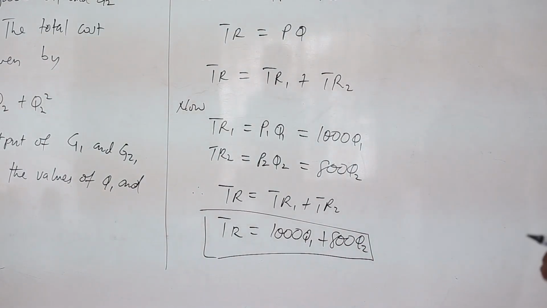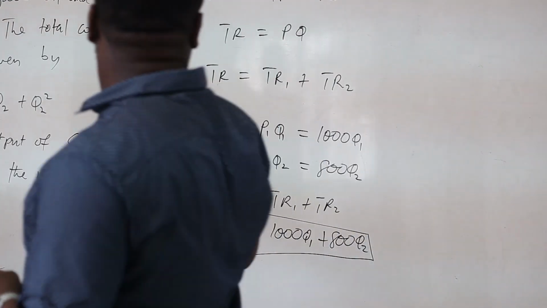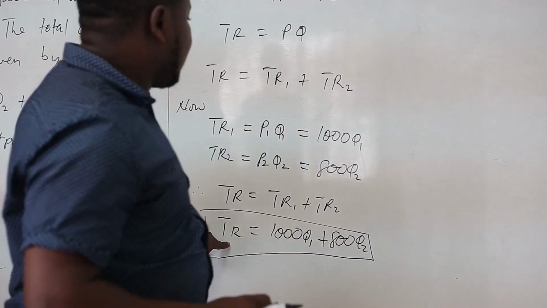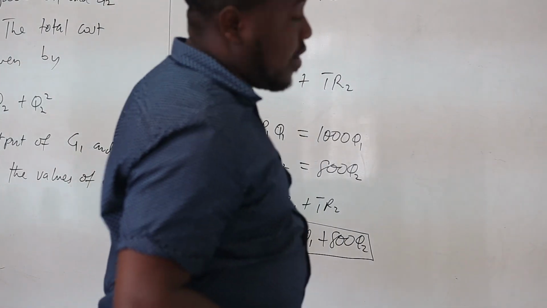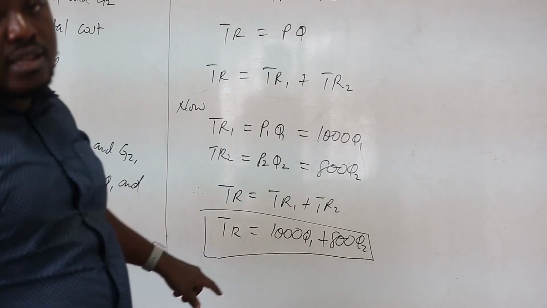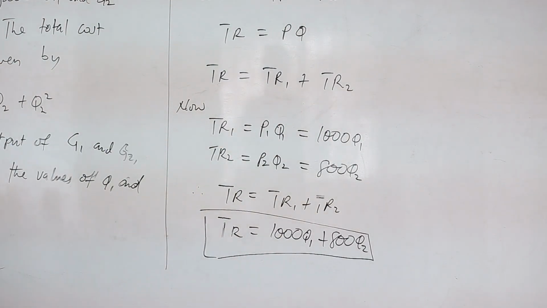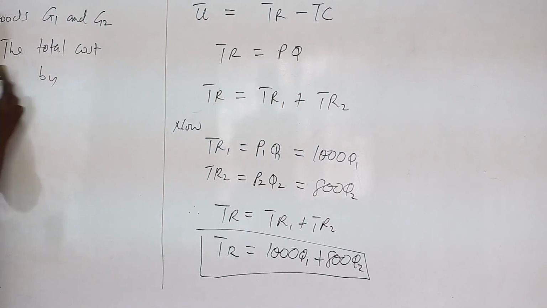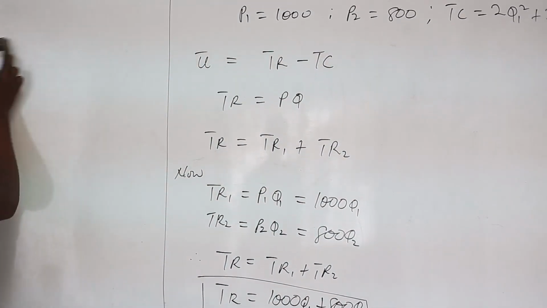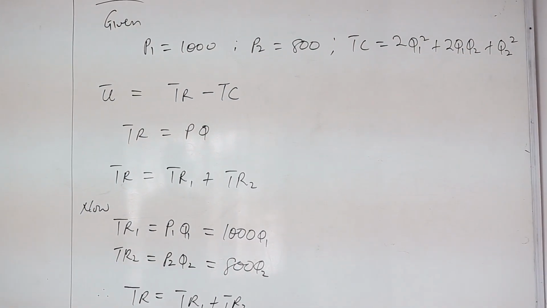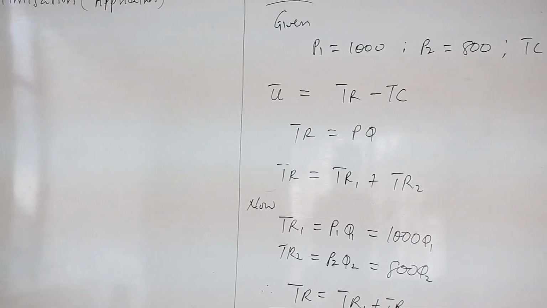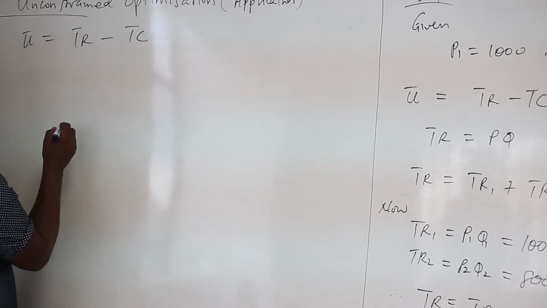So we can now find our total cost, our profit function. So you know total revenue now, and this is our cost. So just subtract total cost from total revenue, and we have our profit function. So we know profit is equal to total revenue minus total cost.